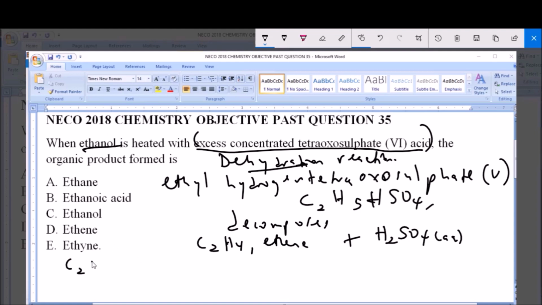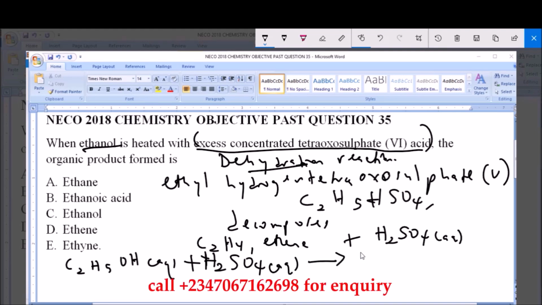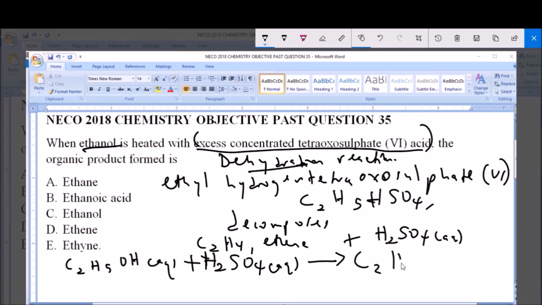So this is the summary of the reaction. You have ethanol, C2H5OH, reacting in the presence of concentrated tetraoxosulfate 6 acid to yield ethyl hydrogen tetraoxosulfate 6, and water.